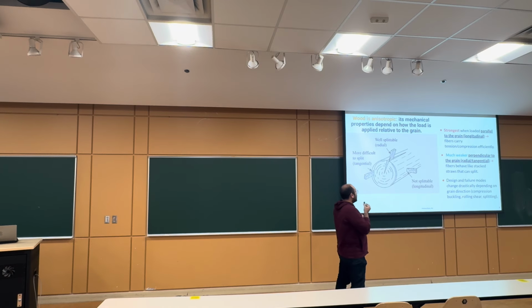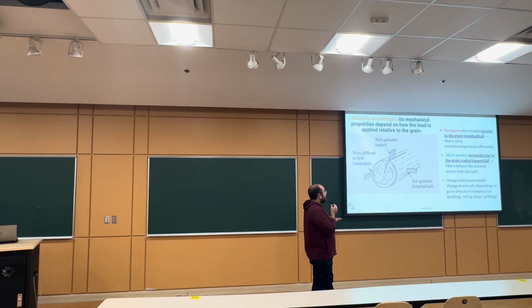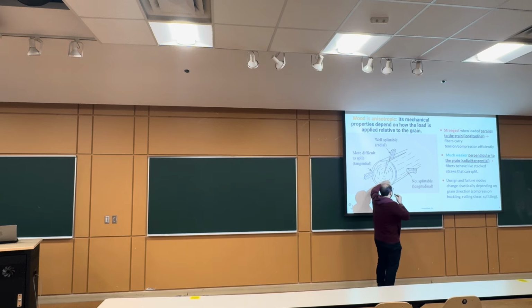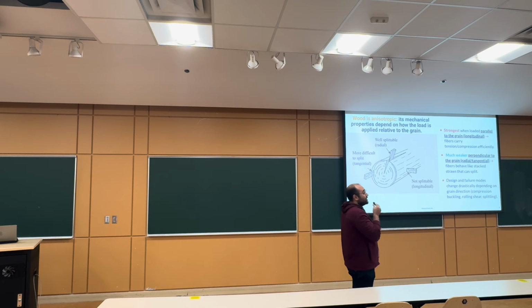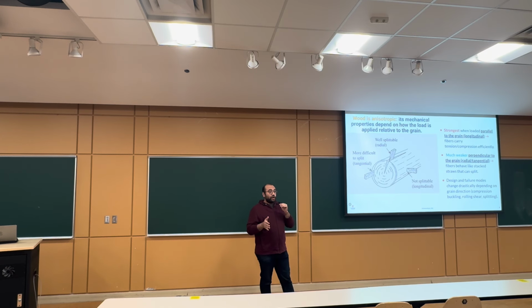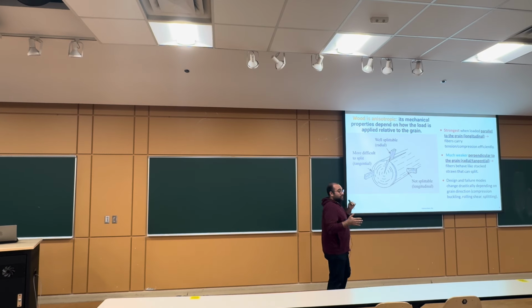So fibers behave like stacked straws and can split easily, thus having much weaker properties perpendicular to the grain, radial or tangential direction. So this is the graph, this is the radial direction, and this is the tangential direction, and both of them are much weaker than the longitudinal direction due to the orientation of the grains. This proves that the orientation of the grains directly affects the properties due to the distribution of the microstructure of the material from the inside.